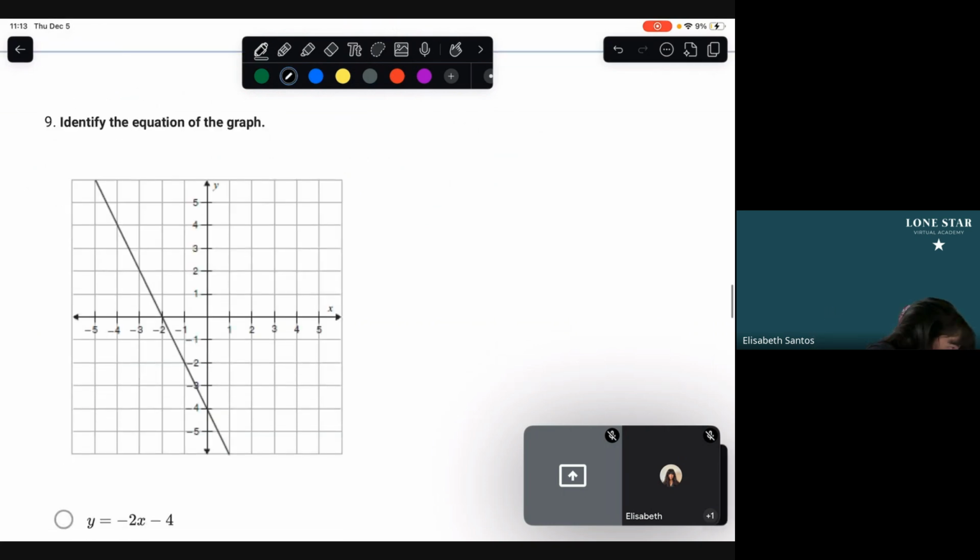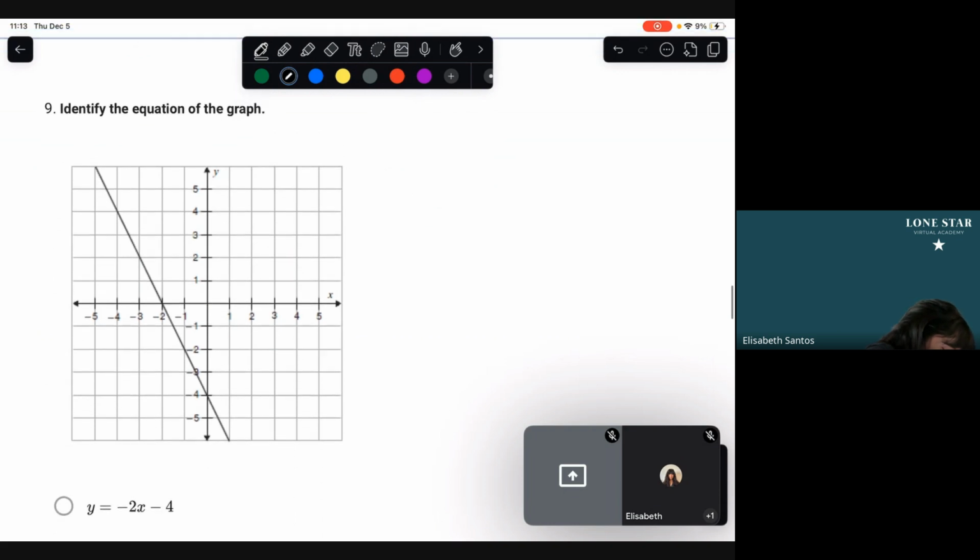Okay, let's move down to number 9. We want to identify the equation. So this is a line. We know it's going to be in some form like mx plus b.